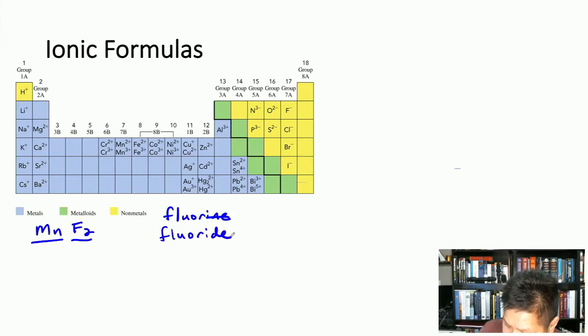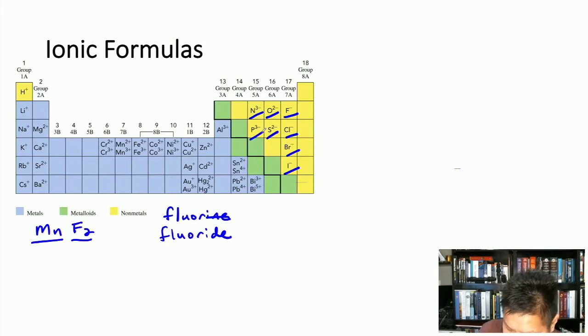So that's fluoride there. Chlorine becomes chloride. Bromine becomes bromide. Iodine becomes iodide. Oxygen becomes oxide. Sulfur becomes sulfide. Nitrogen becomes nitride. And phosphorus becomes phosphide.